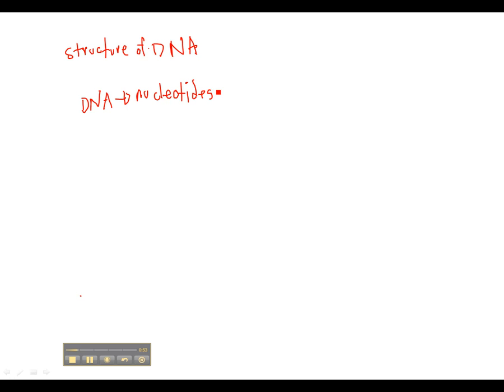And nucleotides are made out of three things, which is going to be a sugar, a base, and a phosphate. Okay, so those are the three basic components of a DNA molecule.